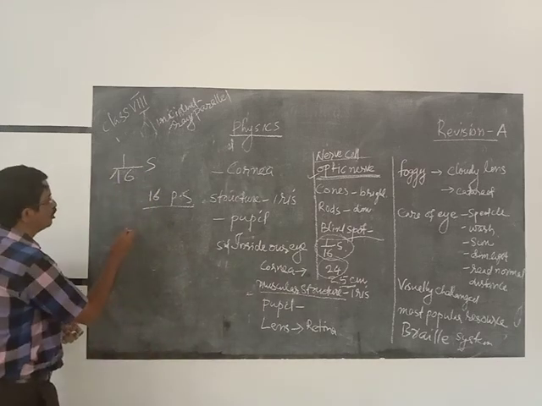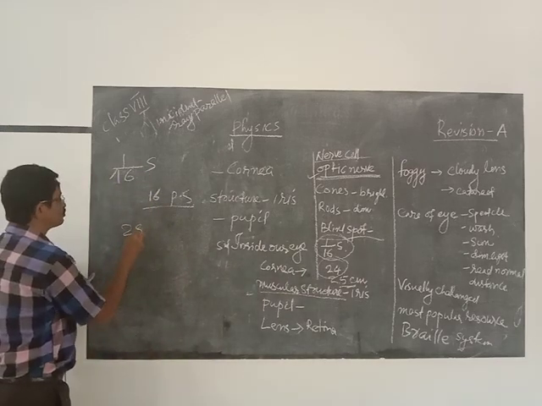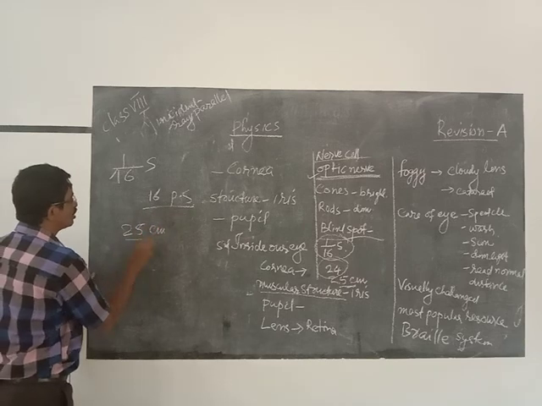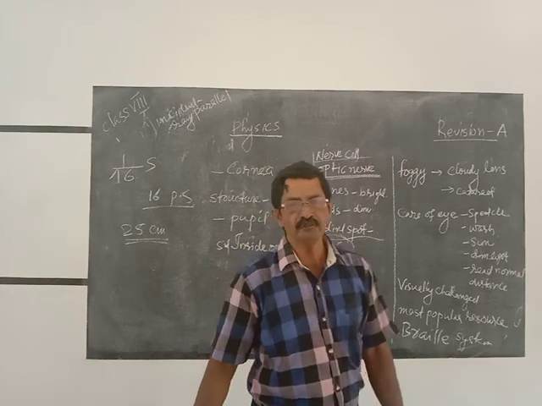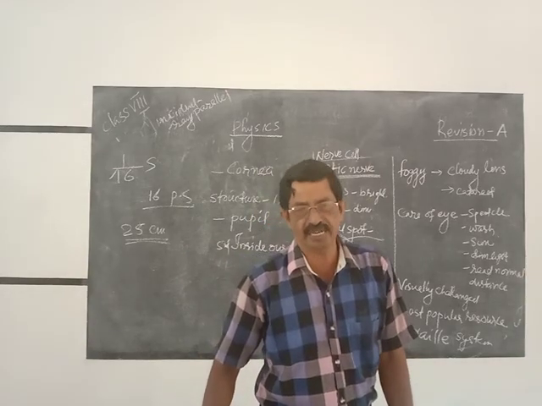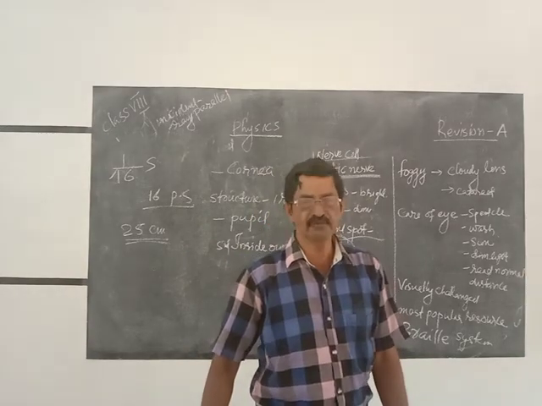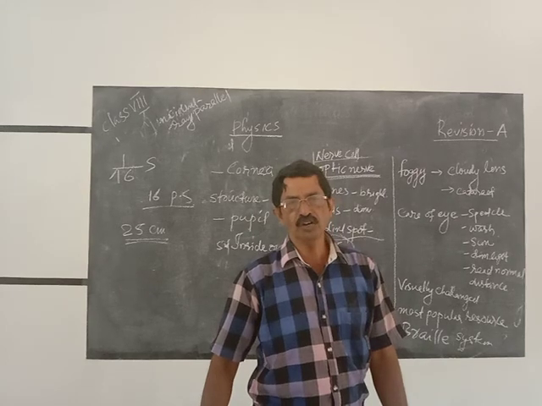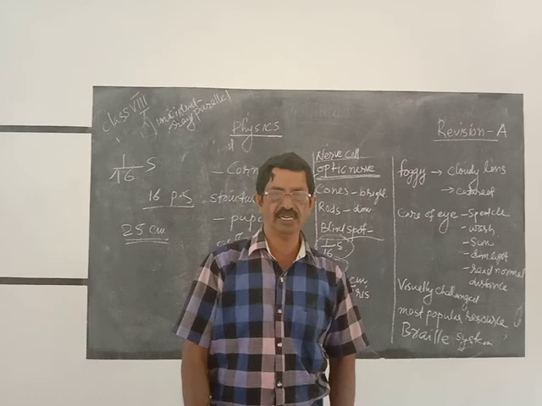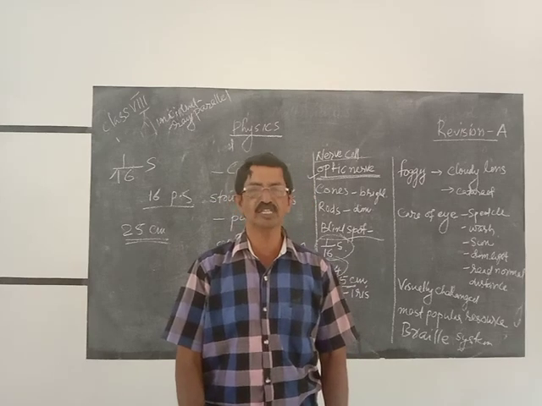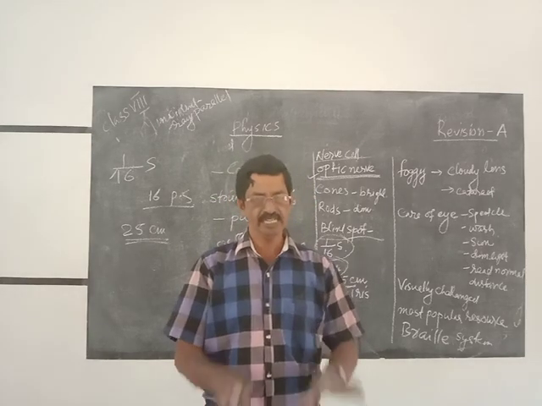Now, to see an object clearly, that object should be at least 25 centimeter away from our eye. If we hold a book very close to our eye, we cannot read because we cannot get a clear image of that object.